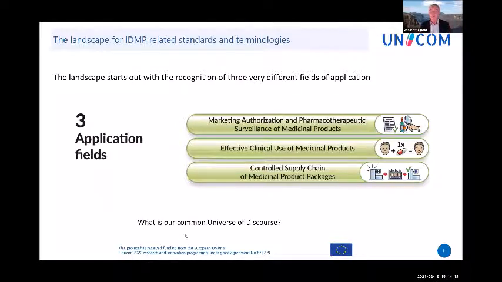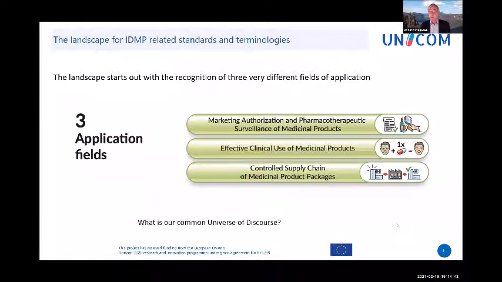And then another process is, of course, how to use that medication for an individual patient. So how do we support the effective clinical use of these medicinal products in day-to-day healthcare? And so that's on the personal point of view, at the individual point of view.